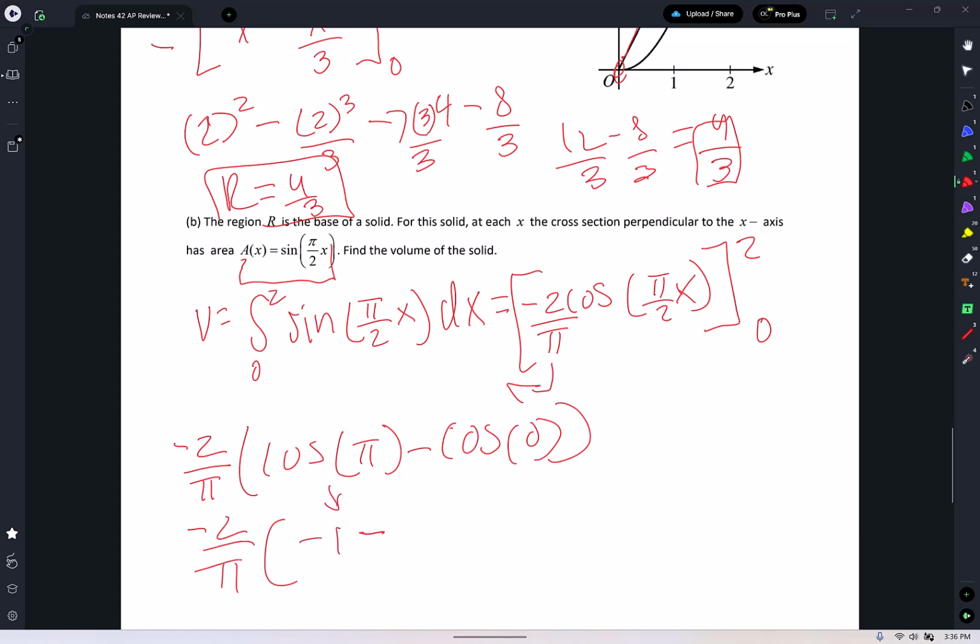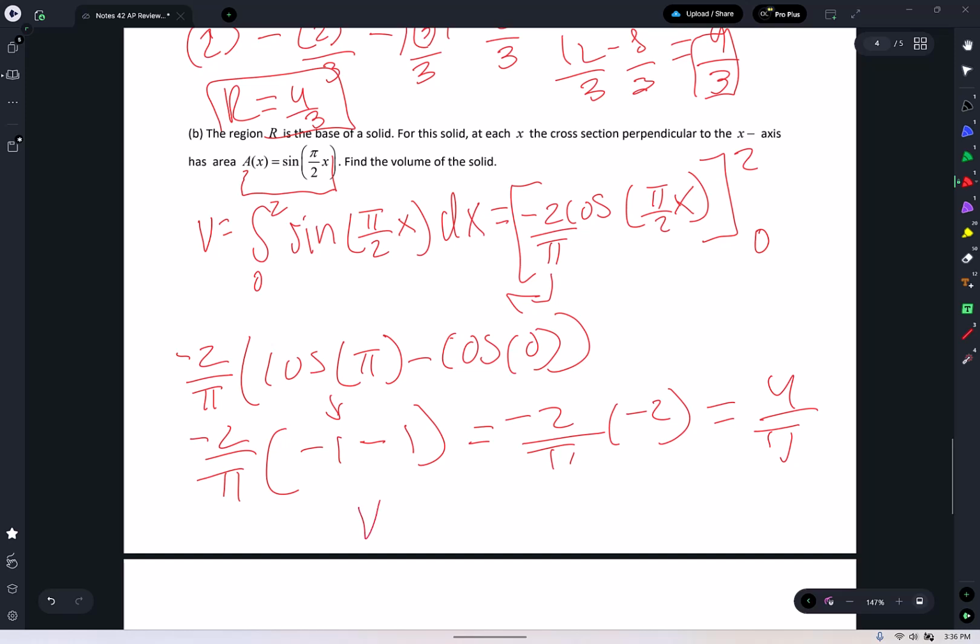This is 1. So minus 1 equals negative 2 over pi times negative 2, which is 4 over pi. And make sure to put volume equals 4 over pi.